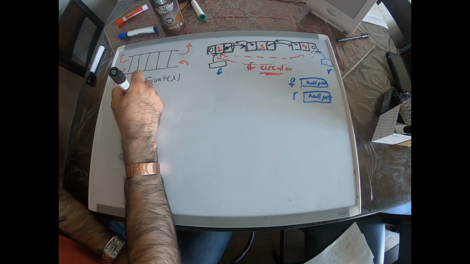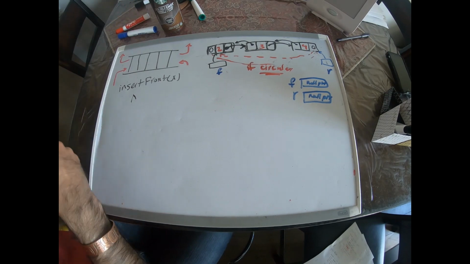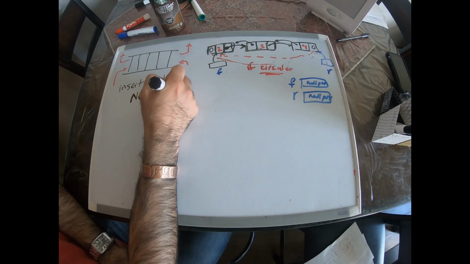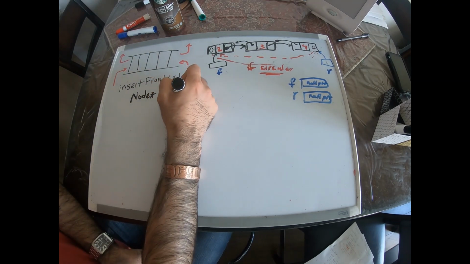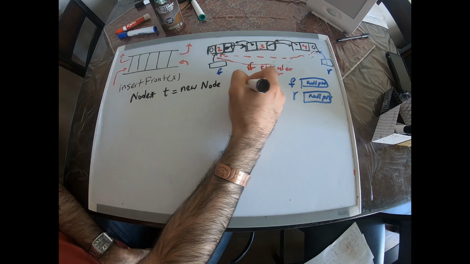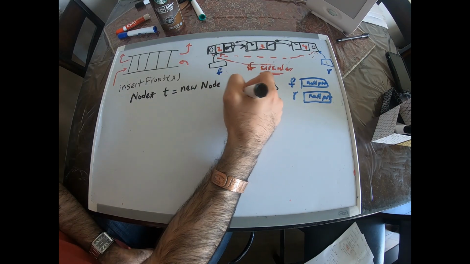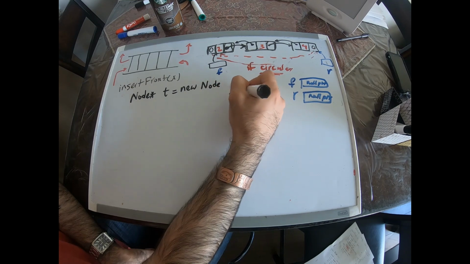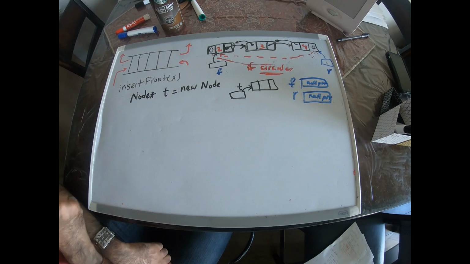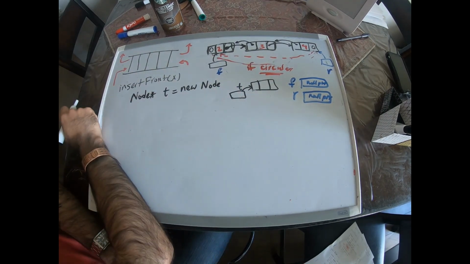So let's do that. Node star temp is equal to new node. So we have a new node here, T, which is pointing to the newly allocated node. It has the previous pointer, next pointer, and a data part.